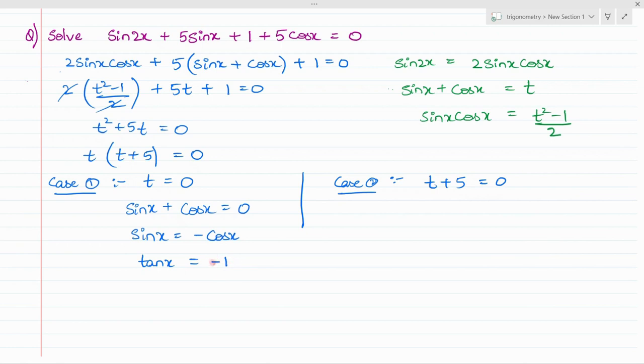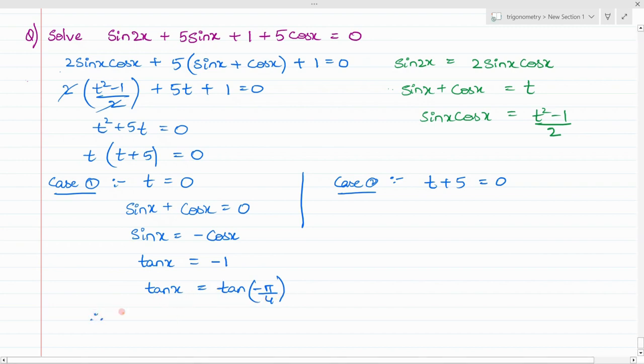This minus 1 can be written as tan of minus pi by 4, so tan x is equal to tan of minus pi by 4. Now it's in the form tan theta equal to tan alpha, so the general solution will be x is equal to n pi plus alpha. Alpha is nothing but minus pi by 4, where n belongs to all the integers.